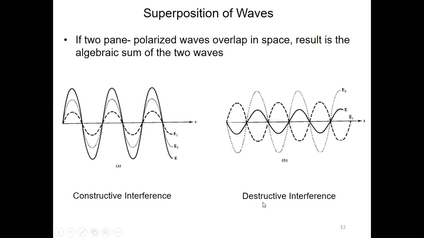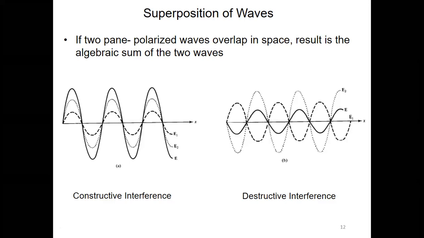Destructive interference means that two different waves are in different phases, let's say 180 degrees apart. When they are in different phases, there can be destructive interference. You will learn about these constructive and destructive interferences, for example, when you learn about the X-ray diffraction spectrophotometer.